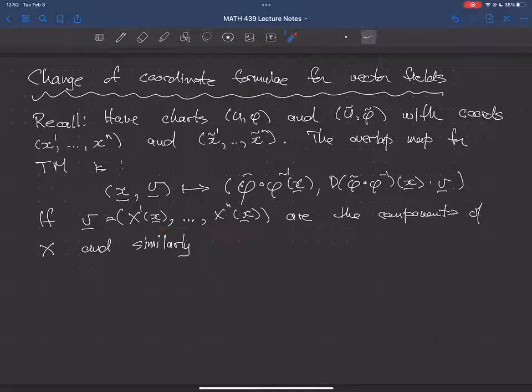But we're also going to have the components of X in the tilde coordinates. Let me emphasize here: this up here will be x tilde, and this up here will be v tilde.